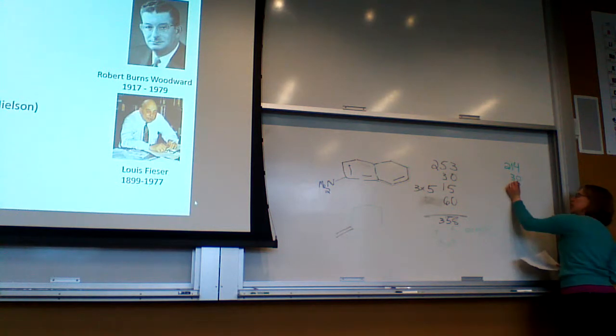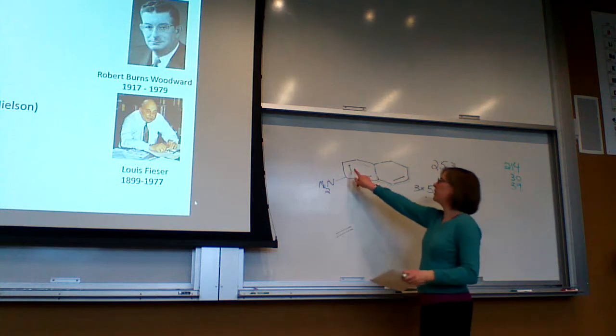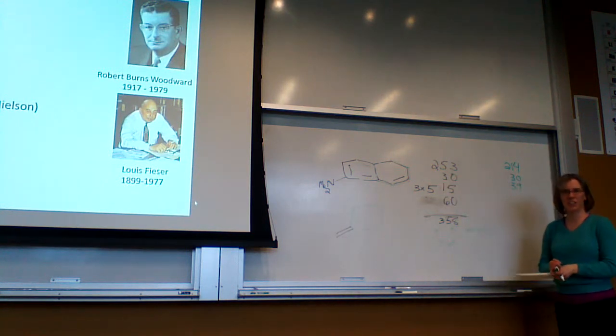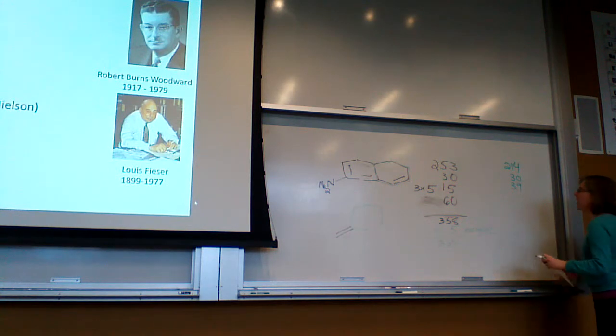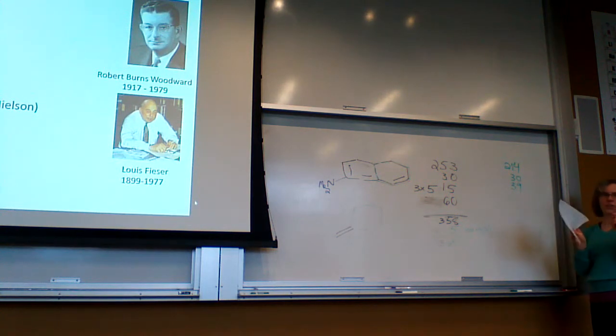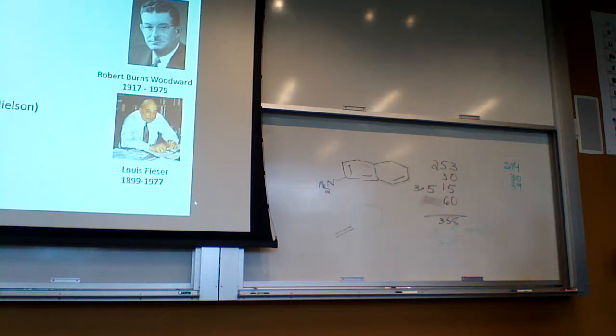And because the extended conjugation would be part of the homoannular ring, we would add 39. Any dienes that you have that are homoannular, you're going to add 39 for. So if you have multiple that are homoannular, you would add 39 for each of them. That's what the worksheet says.